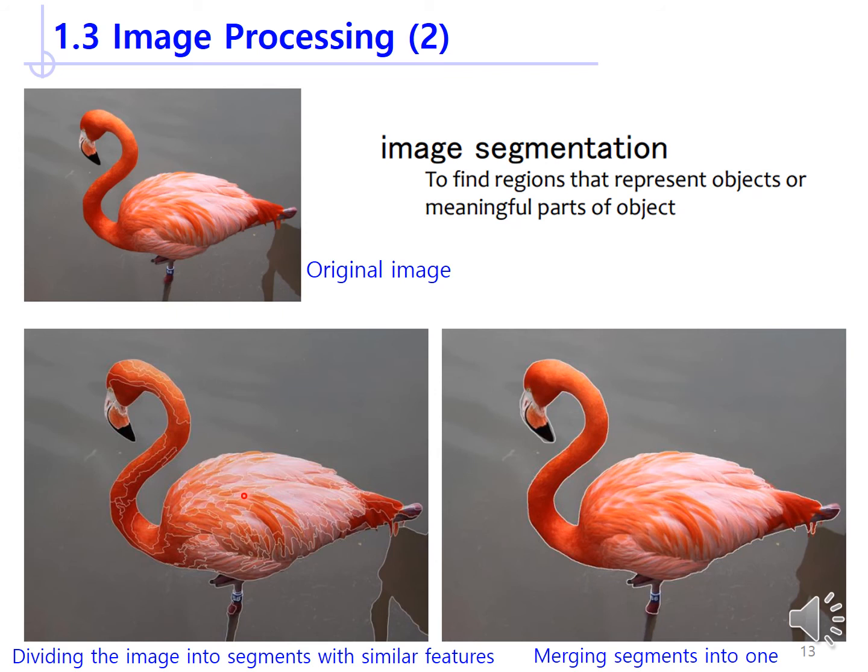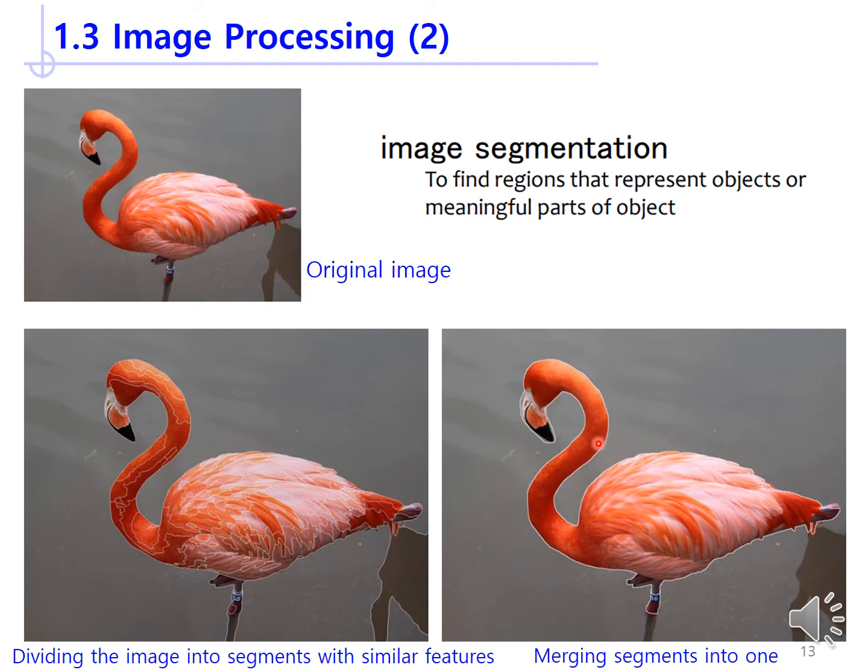So you can see the many segments in the flamingo's body, and then these segments will be merged based on some rules. Then finally we can find the one big flamingo segment. Then the computer can tell this is a flamingo, and this area belongs to the water background.